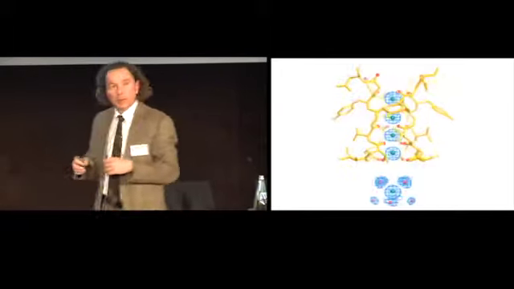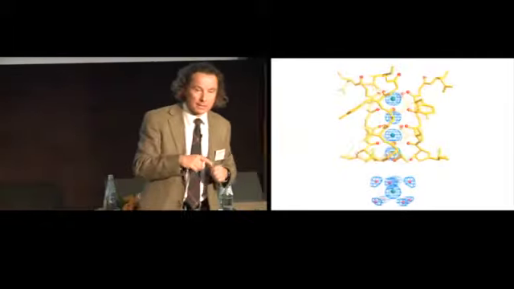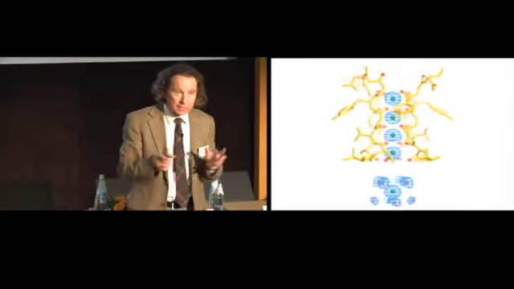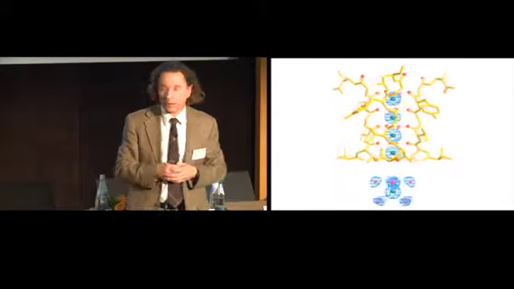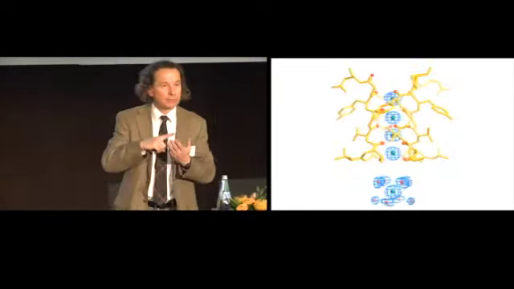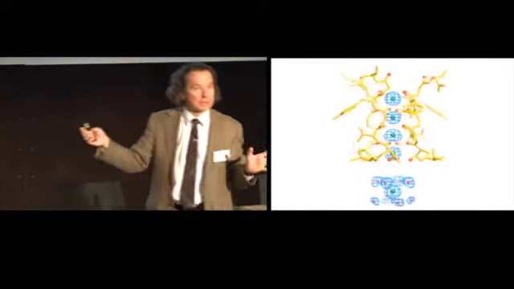Next, I want to address the other question I raised earlier, and that is, how do they open and close? How do they get turned on and off? And in that case, what I'm going to do is give you 3 examples out of this 78, and we certainly don't know them all.